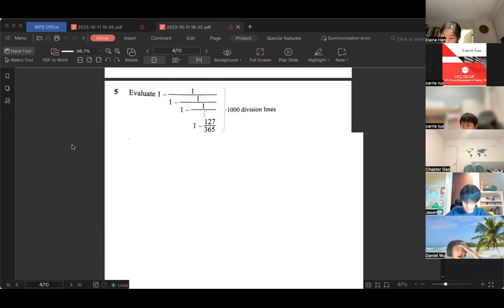I'm not sure about that one. One is what? Which one is one? 1 is 365 over 176, I think you should look again. You're right, but the denominator and the numerator are reversed.